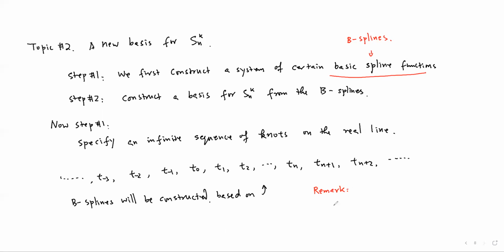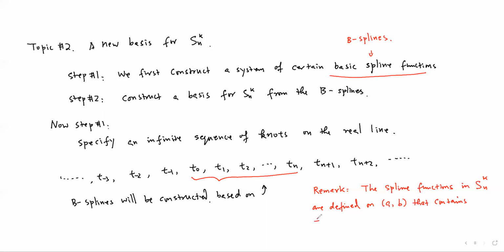Before I continue, let me make a remark. The spline functions in S and K are defined on some interval AB that contains these n+1 knots T0, T1, T2, up to Tn, as we saw from the definition of this space in previous classes.